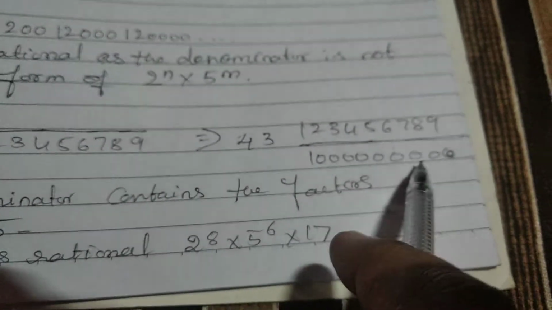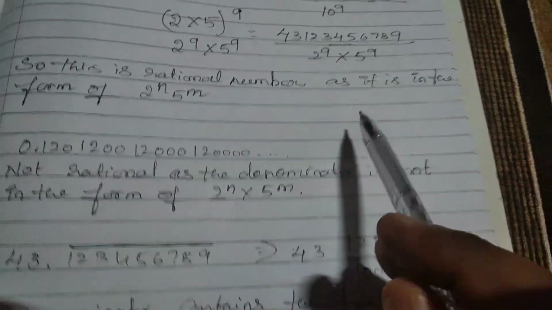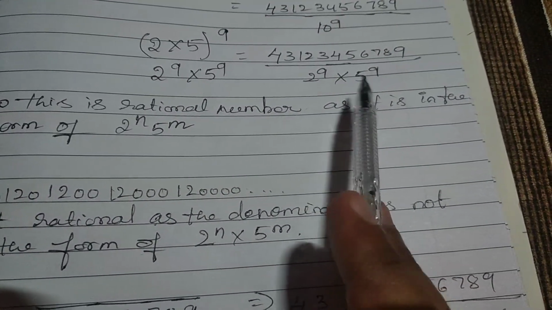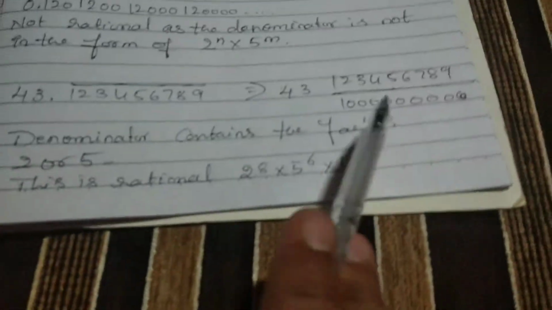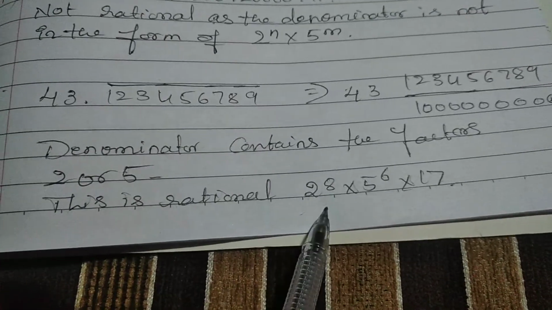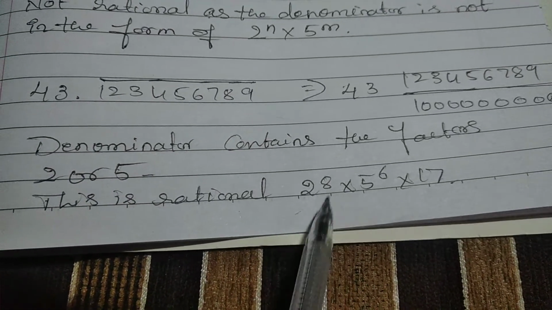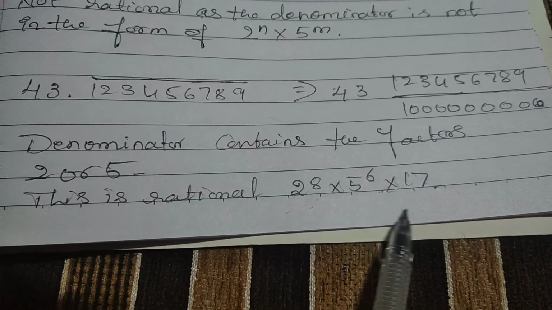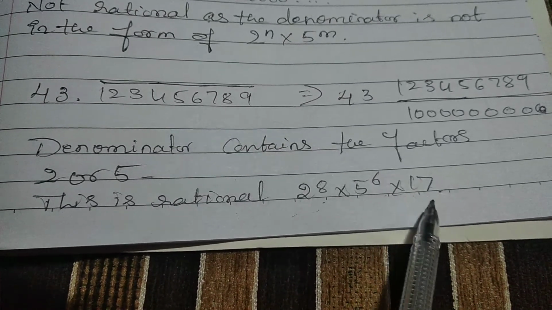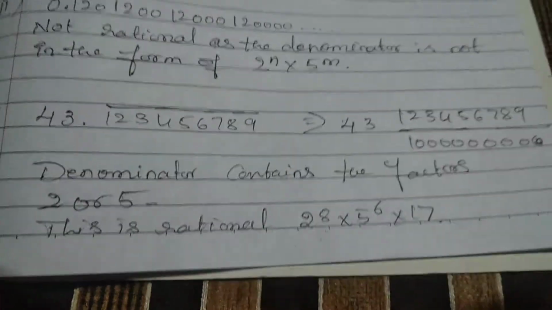Okay, you can express now 10 to the power of 9, here we have expressed 2 to the power of 9 into 5 to the power of 9. So this is also rational because 2 to the power of 5 and 5 to the power of 6 and 17. So multiplied by 17.